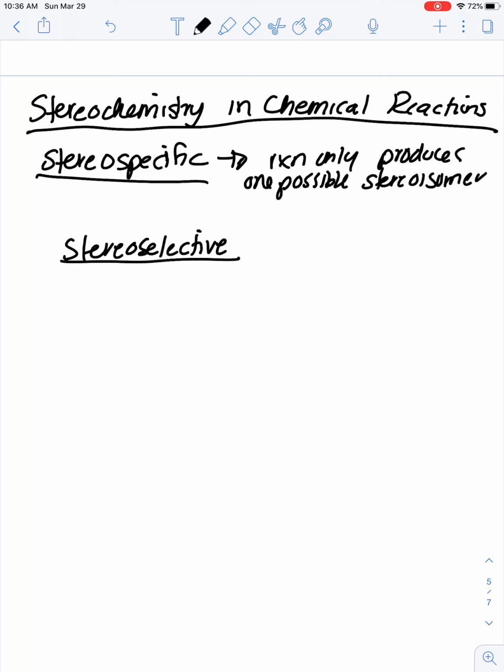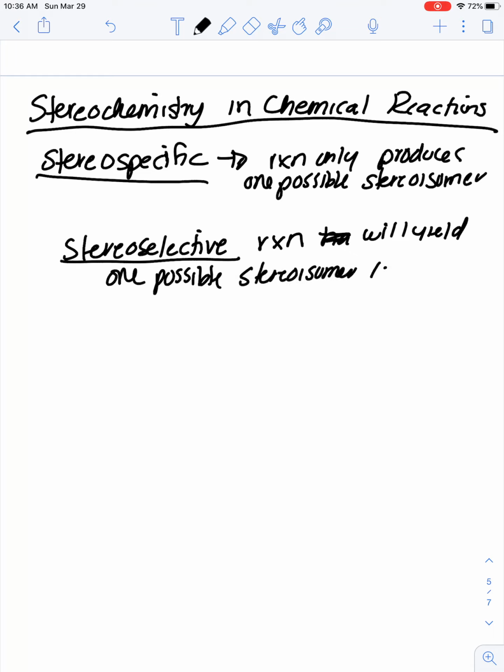This is not as common, right? It's not as easy for this to happen. Stereoselective is when the reaction will yield one possible stereoisomer in excess.